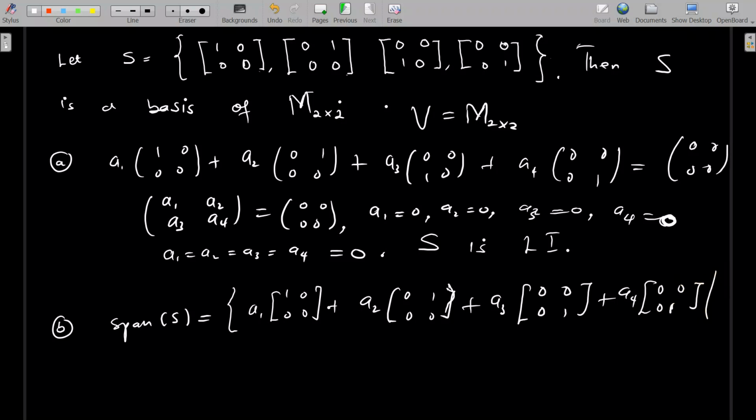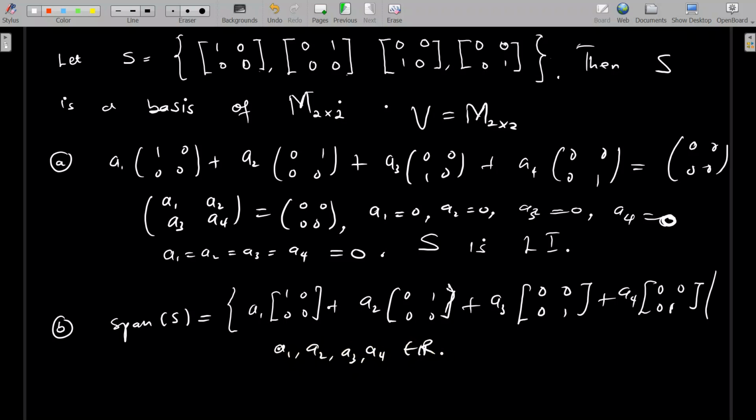And like I said, notice that this is different from part A, because part A is equating your linear combination to the zero vector. Here we are not equating the linear combination to anything. It can be any matrix at all. So A1, A2, A3, A4 are real numbers.